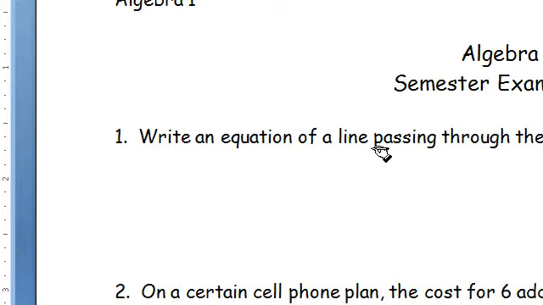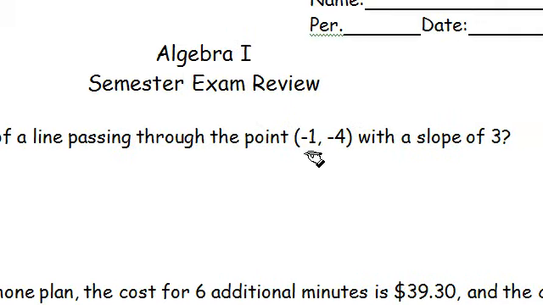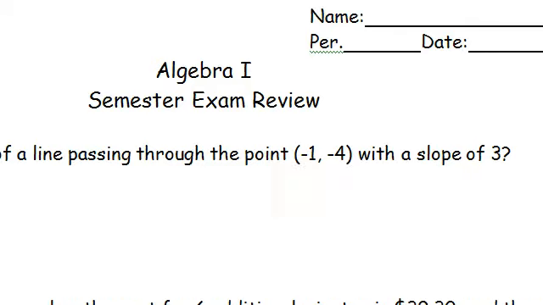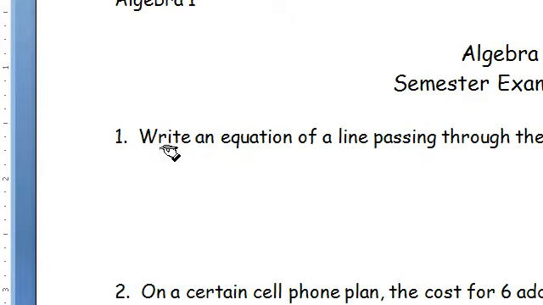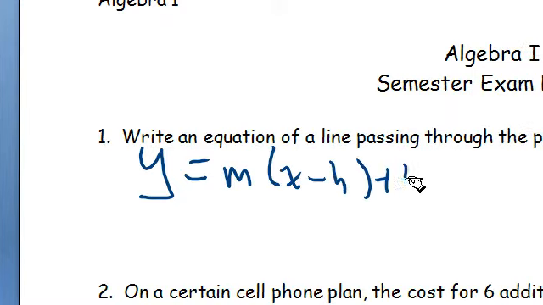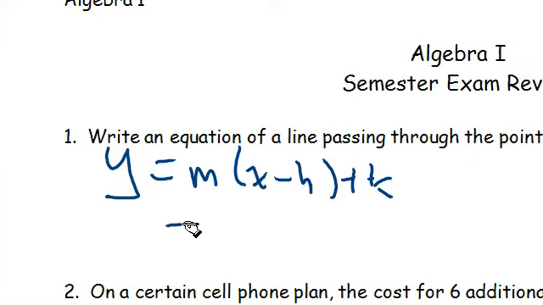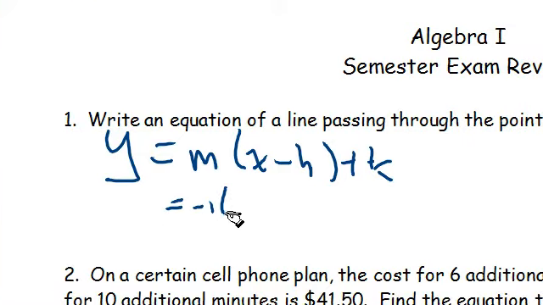We're going to write the equation of a line passing through the point (1, -4) with a slope of 3. So I'm going to use my point slope form of the linear equation, m times the quantity x minus h plus k, where m equals 3, h equals 1... getting a little bit too excited here already.